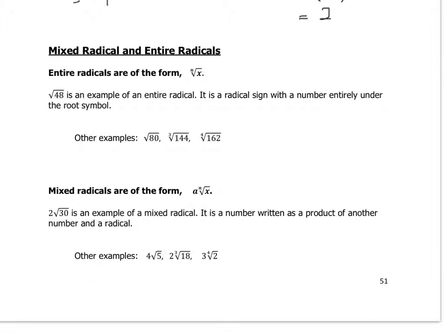Every part of the number is underneath that radical sign. A mixed radical, on the other hand, has a number out front of the radical sign. So 2 root 30 would be an example of a mixed radical. 4 root 5, 2 cube root 8, and 3 fourth root of 2. All these radicals have a number in front of the radical symbol.